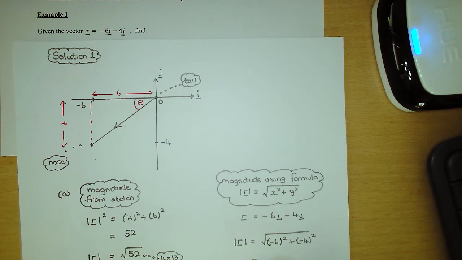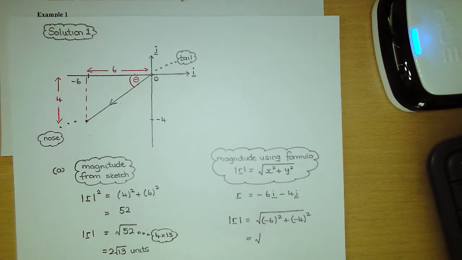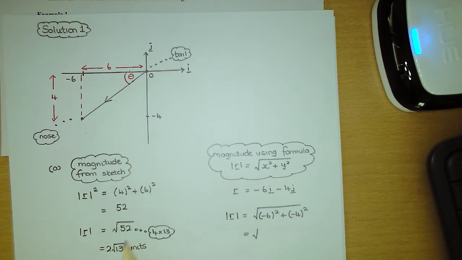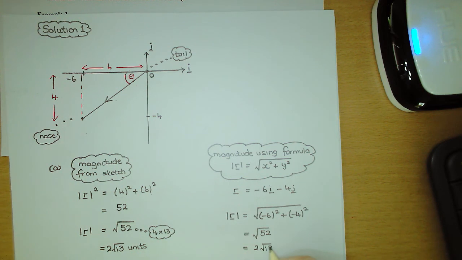And again, if we tidy that up, minus 6 squared is going to give us positive 36, plus minus 4 squared is just positive 16. So 36 plus 16 is going to give us root 52, which we had before. And again, that's just going to give us 2 root 13 units as before.